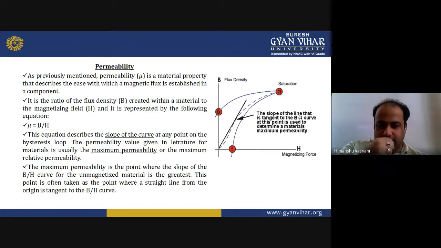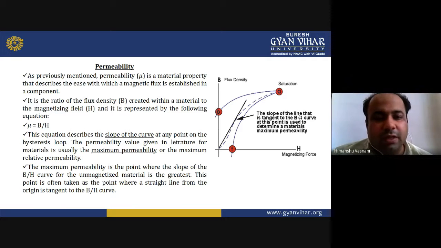So this equation describes the slope of the curve at any point on the hysteresis loop. The permeability value given in literature for materials is usually the maximum permeability or the maximum relative permeability.